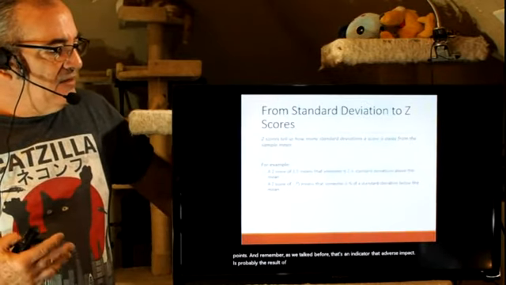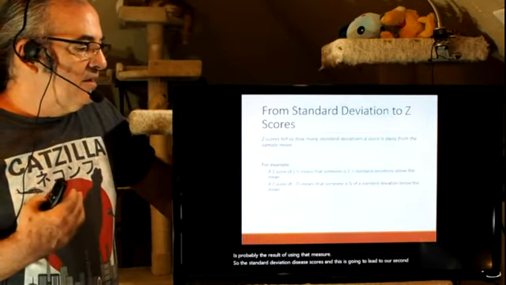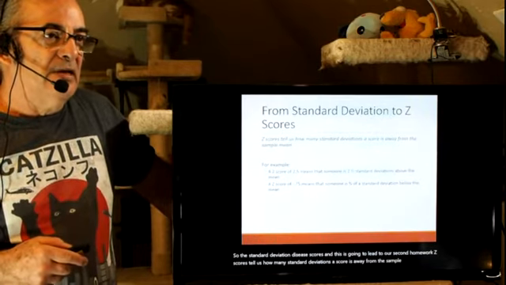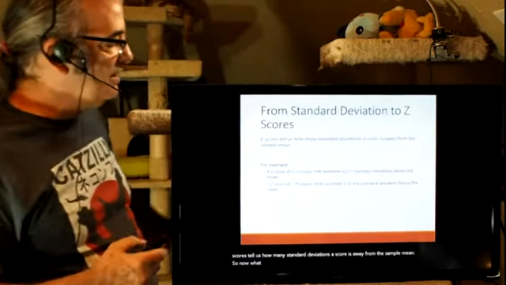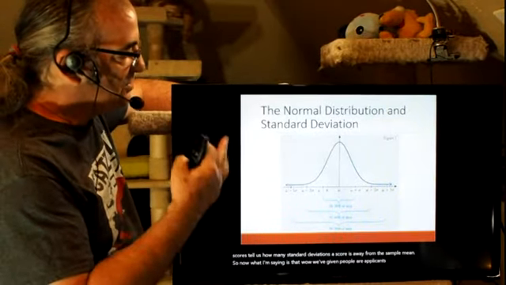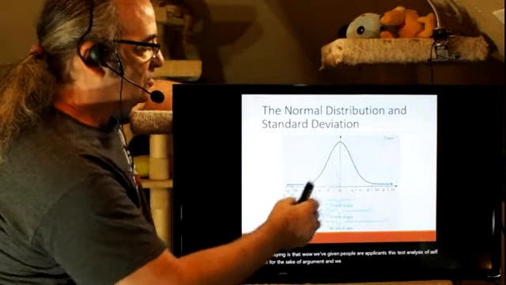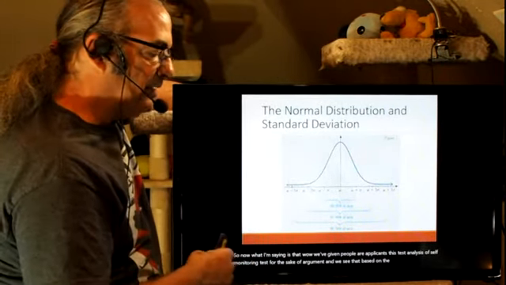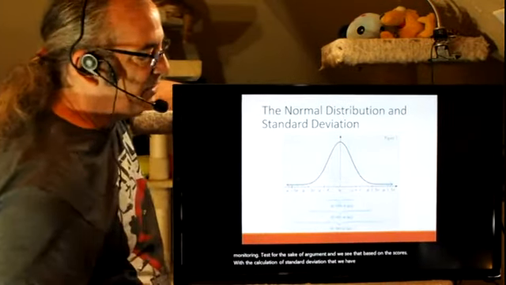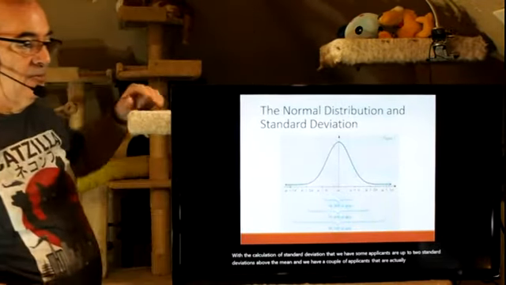So, the standard deviation to z-scores, and this is going to lead to our second homework. Z-scores tell us how many standard deviations a score is away from the sample mean. So we've given our applicants a test, let's say a self-monitoring test for the sake of argument, and based on the calculation of the standard deviation, we see that some applicants are up to 2 standard deviations above the mean, and a couple of applicants are 2 standard deviations below the mean.